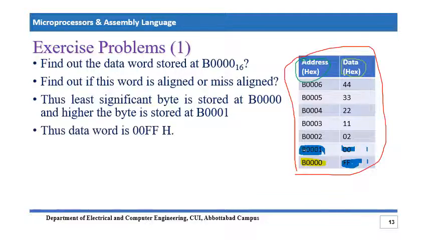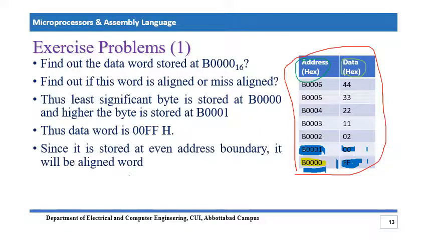So the word is 00FF hex. I have just arranged them in the right order: higher comes first, lower comes later. So whether it is aligned or misaligned, it's definitely going to be aligned, because the least significant byte FF is stored at an even address, which is B000. So that is our even address boundary, and the word is going to be aligned.